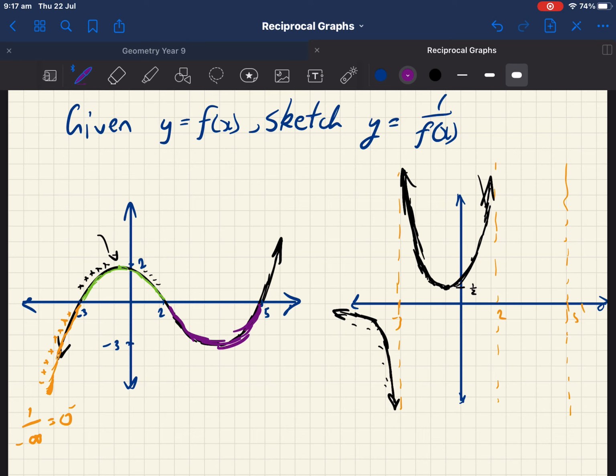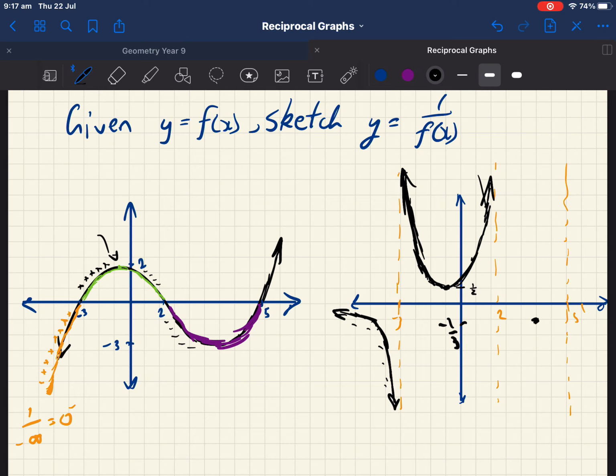This is our purple region. The next part, we just do exactly the same way we did the last region. That middle point is at -3, that turning point where it shifted. So the reciprocal of that is going to be -1/3. That's the point directly between 2 and 5, which is 3.5.